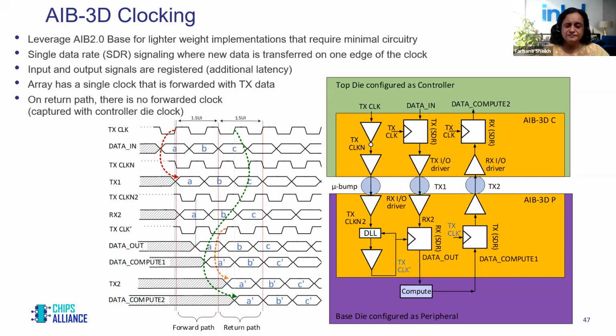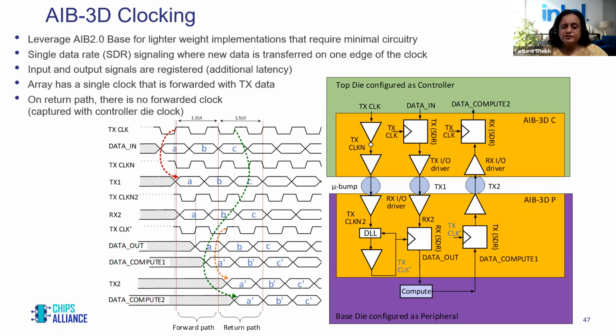That edge aligned clock is then used to latch or flop in the data from the transmitter, which is the controller die, to the receiver, which is the peripheral die. As you receive data out, you can send it off to either memory or compute. Compute is shown over here. The picture on the left shows about a 1.5 cycle latency in that complete transfer.